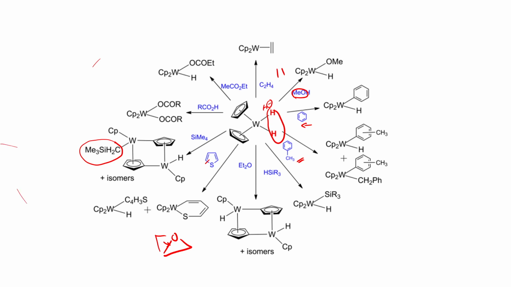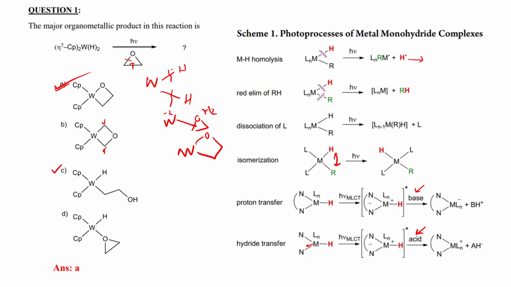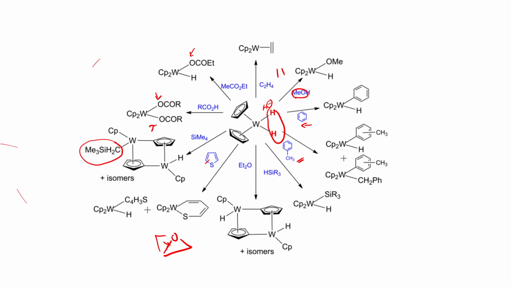Even with acids and esters, this reacts, and similar reactivity we can observe. Two units of acid molecule would be inserted like this, and for this one unit of ester. So similar kind of reactivity is observed, and with these trends you can also explain this occurrence for this particular reaction.